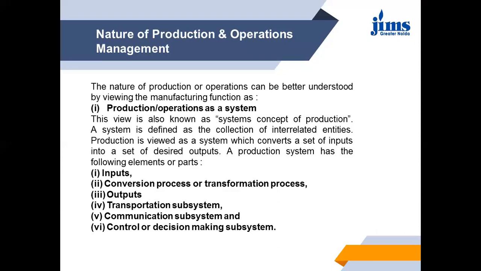All of these subsystems are the subparts or elements working together in an interrelated manner so that the total production system works effectively and efficiently. So one of the points that defines the nature of production and operations management is that it is a system.